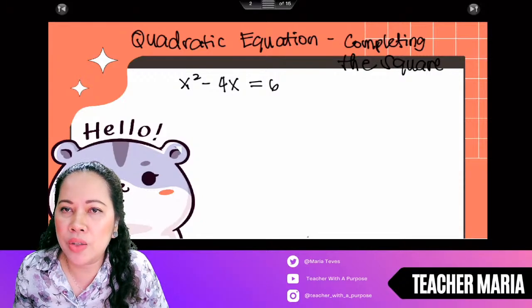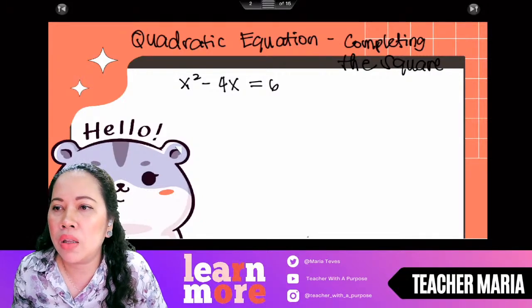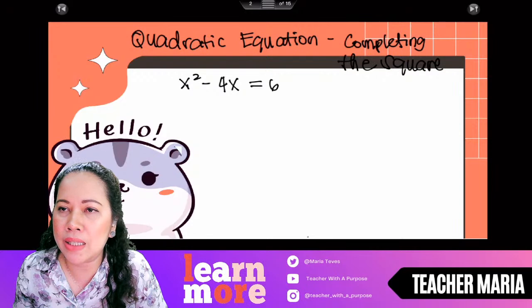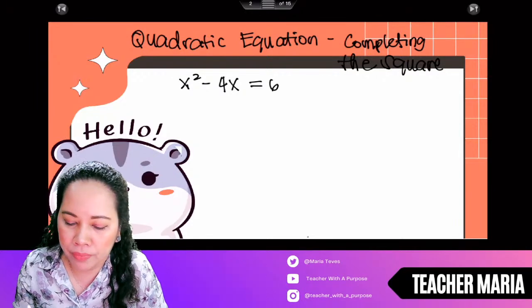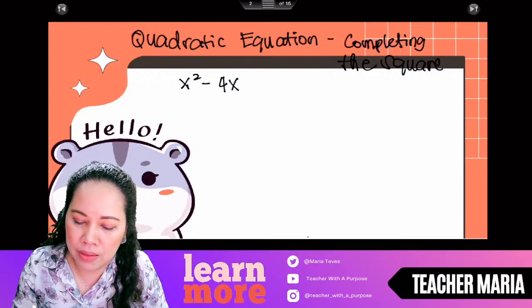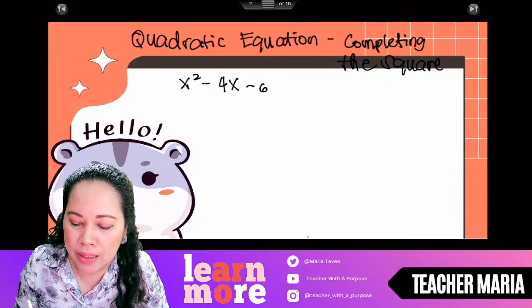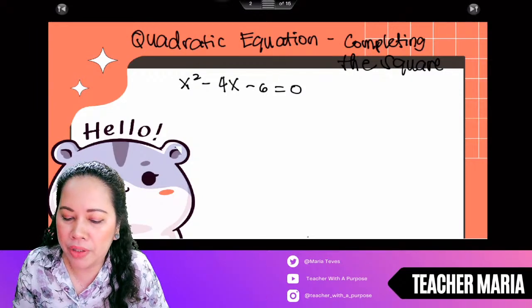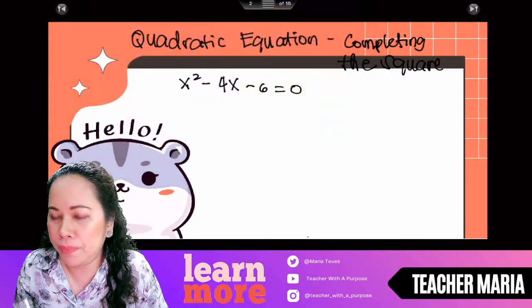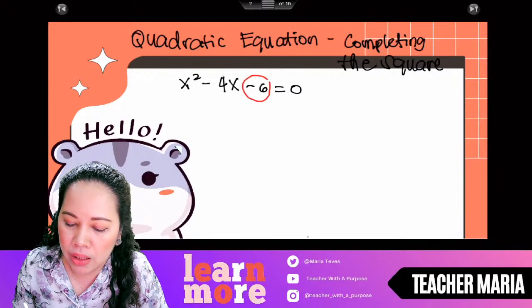If you are asked to do completing the square, you have x squared minus 4x minus 6 equals 0. The first step is to transfer the constant to the other side of the equation.